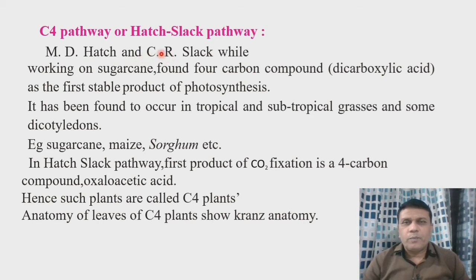Hence C4 pathway is also called as Hatch-Slack pathway. Now these scientists were working on sugarcane and found a 4 carbon compound, that is dicarboxylic acid, is the first stable product produced in photosynthesis.